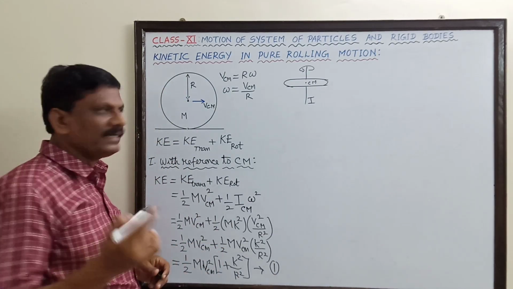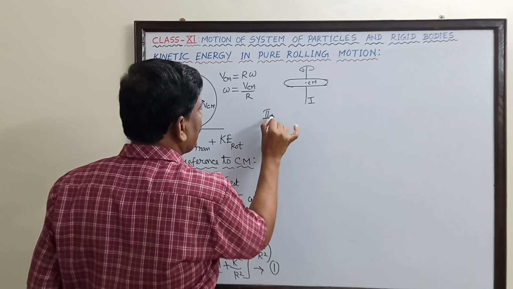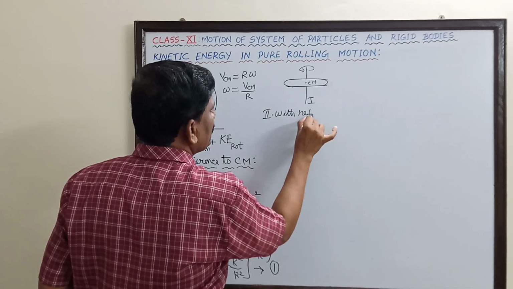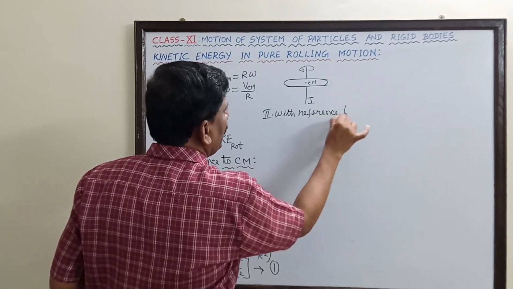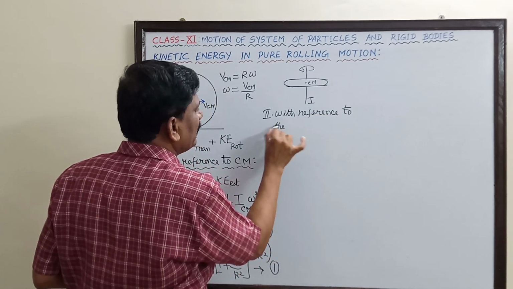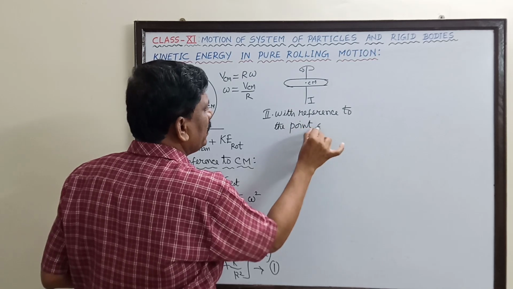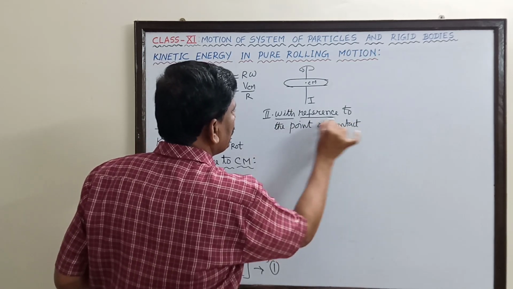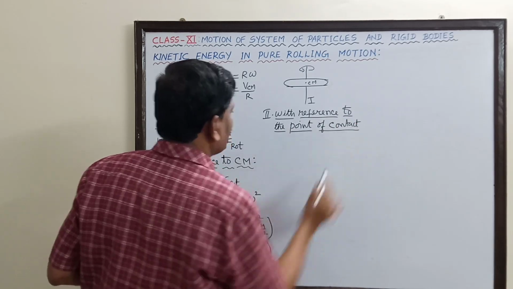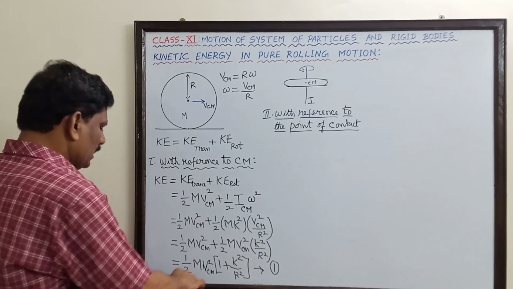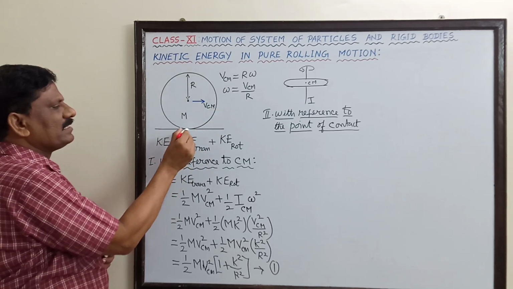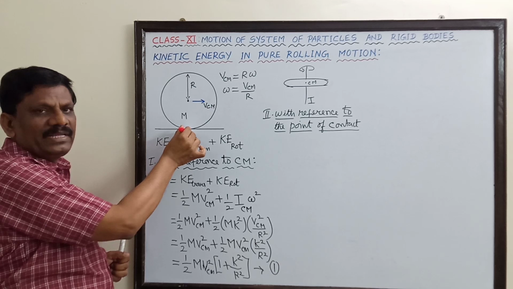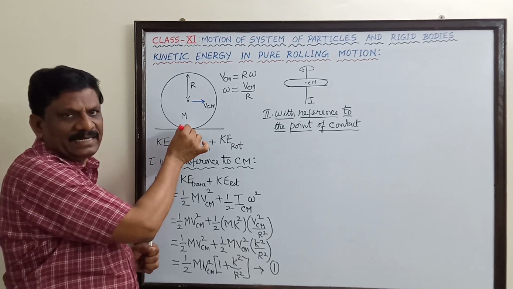Now the second case, I will consider with reference to the point of contact. In this case, at the point of contact, all the particles touching the surface will have net velocity 0, because V rotation is equal to V center of mass.